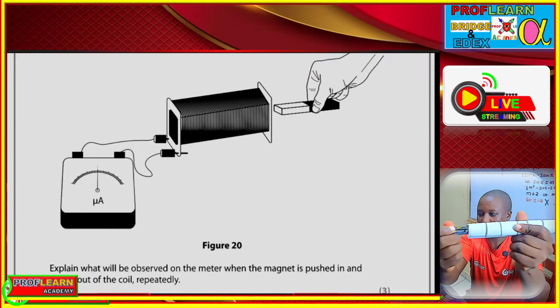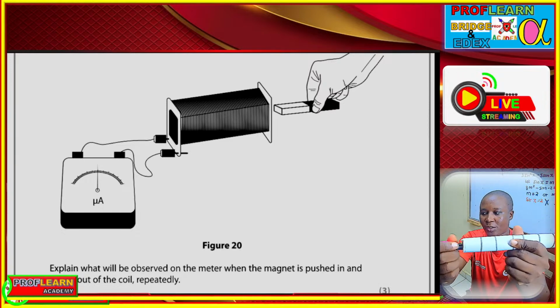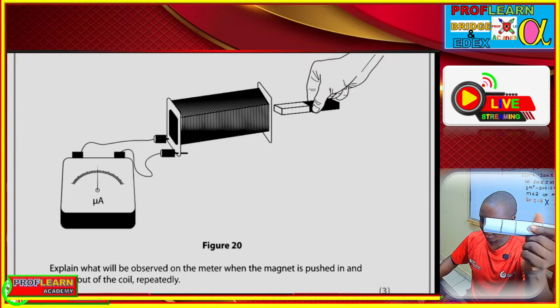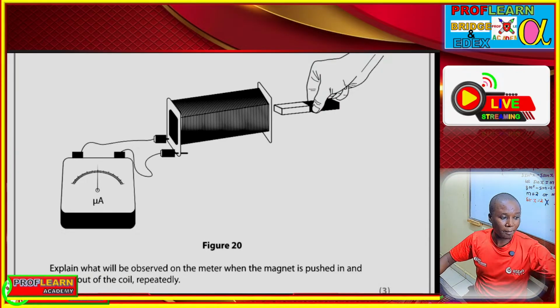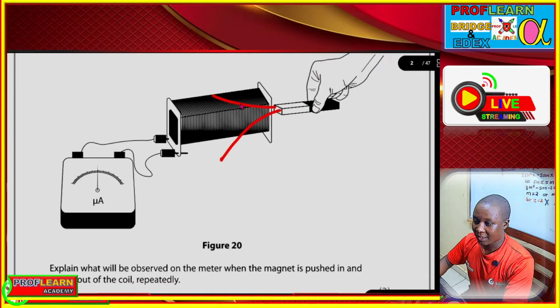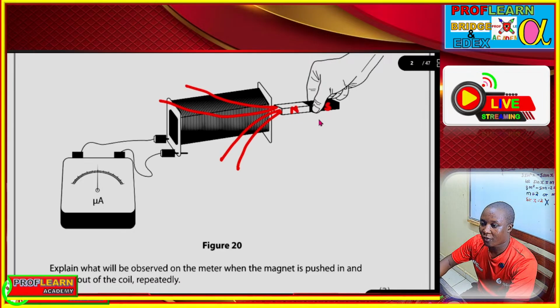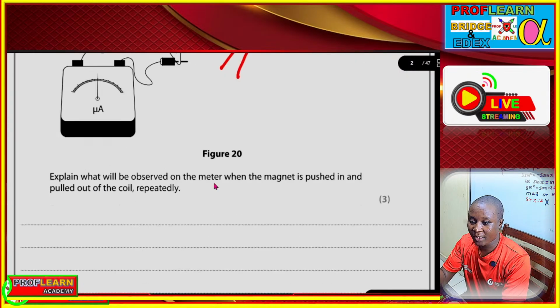I'm inserting the magnet into that coil back and forth. Something that we need to realize is that this magnet has what we call magnetic fields. This magnet has magnetic fields which are pointing from the north to the south like that. So when you are inserting the magnet in and out of the coil, the magnetic fields are going to cut through the coil.